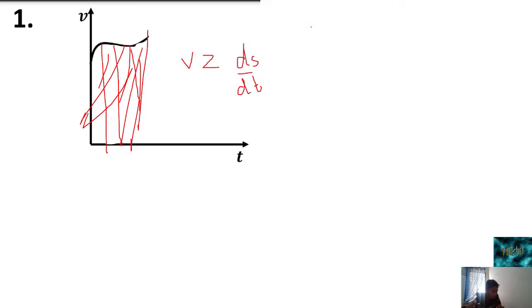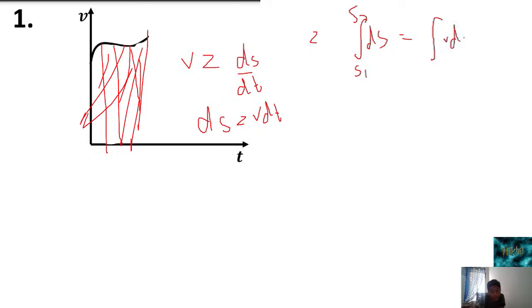So ds will be v dt. By solving this, we will get the integral of ds from s1 to s2 is equal to the integral of v dt from t1 to t2.